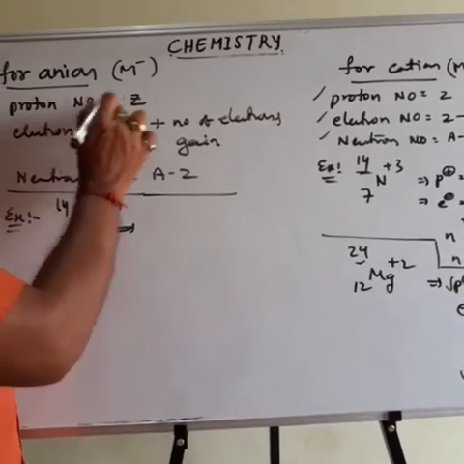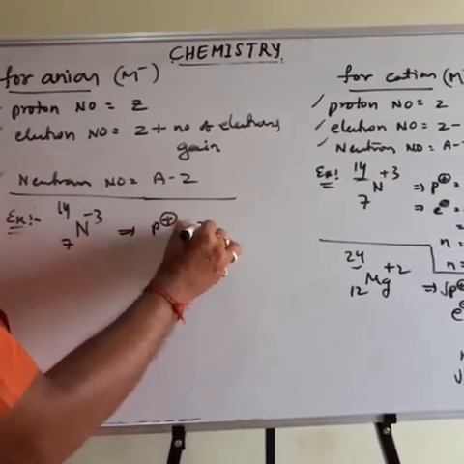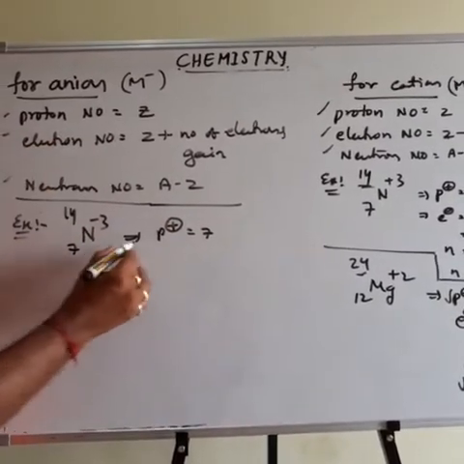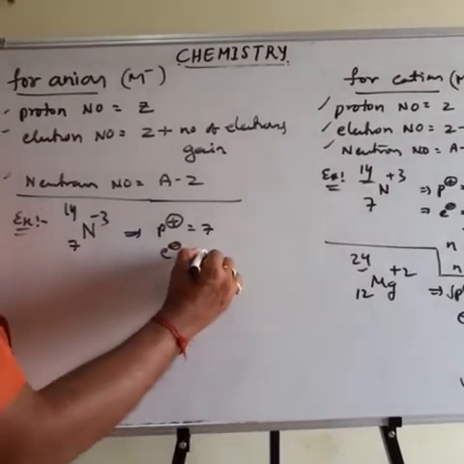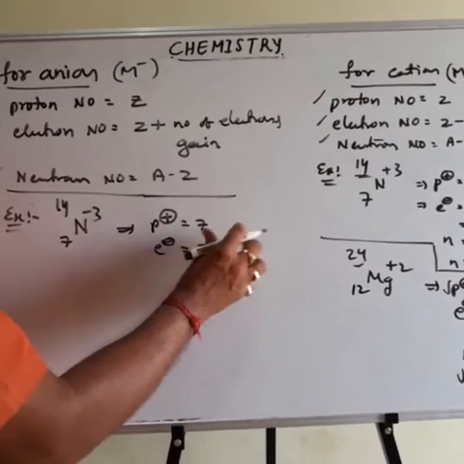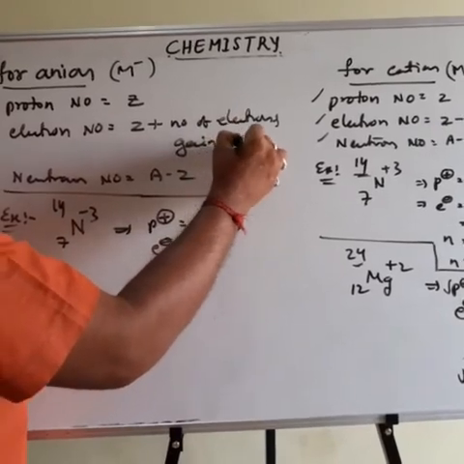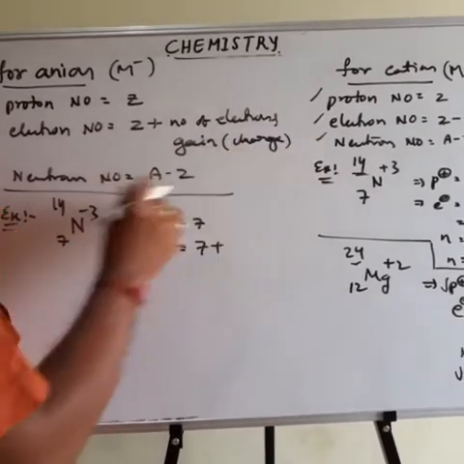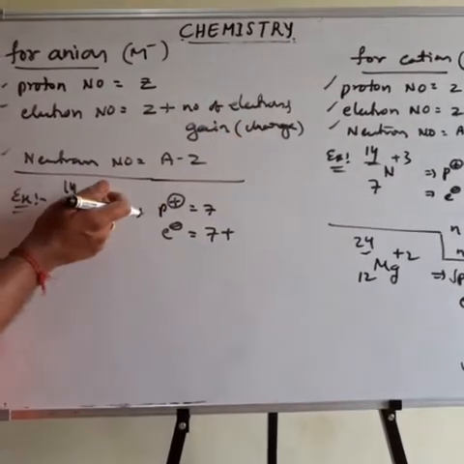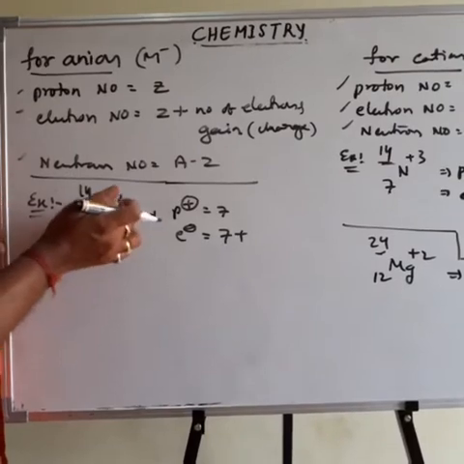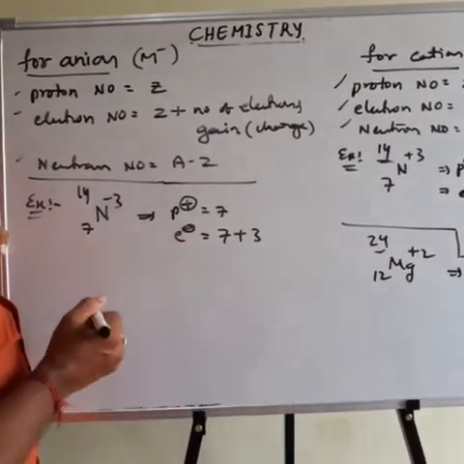For the nitride ion, proton number equals 7. Then how to find the electron number? Electron number equals 7 plus the number of electrons gained, that is, the charge. The negative sign indicates the gain of electrons; the positive sign is loss of electrons. Here 3 electrons are gained, so 7 plus 3.